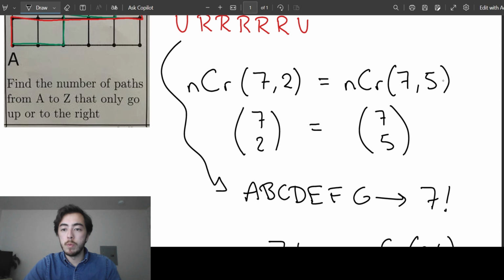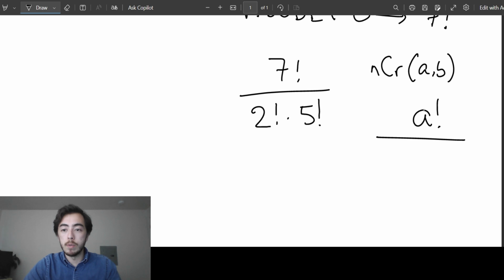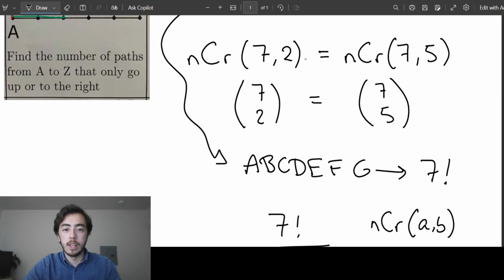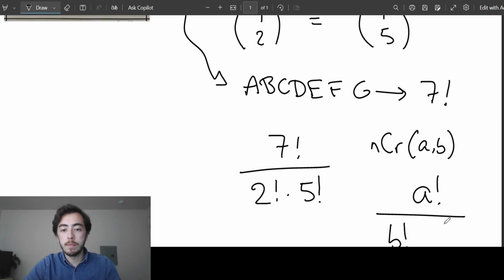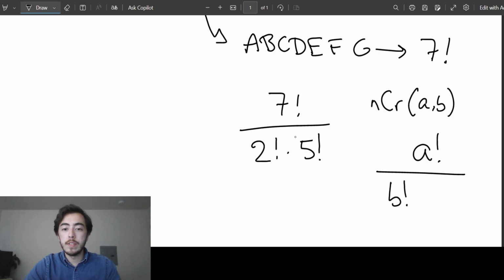Then in the bottom, we want both the 2 and the 5. And so one way to write it is that we could just do b factorial right here, because looking at this notation, this 2 is in the spot of that b. This 2 is right here, so that's why I have a b right there. And then this 5 just comes from the difference between 7 and 2.